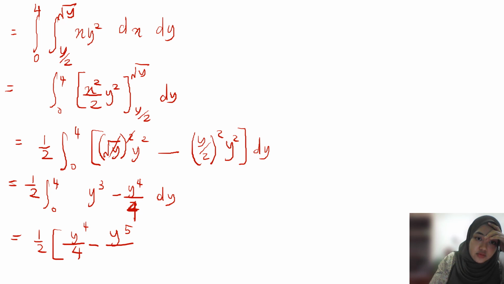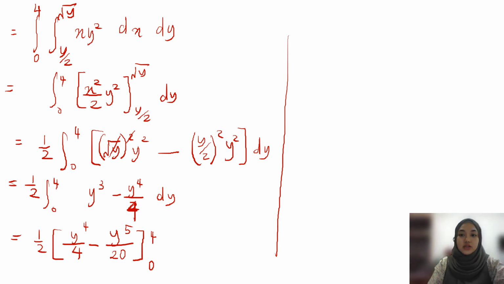Continue. And then you can substitute the values 0 until 4. 1 over 2. Okay, you just put 4, since 0 gives 0, right?